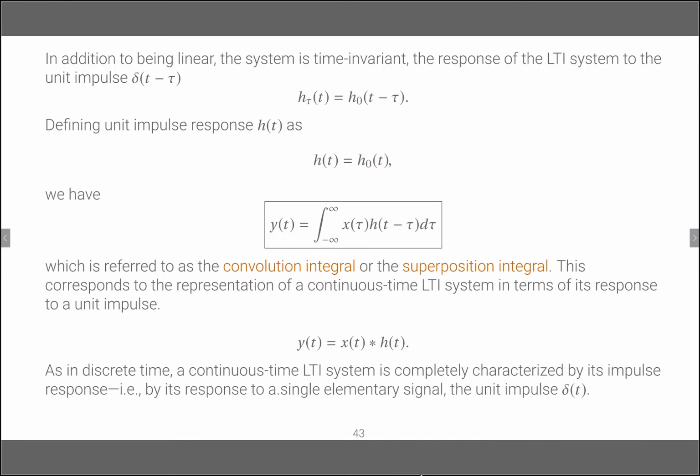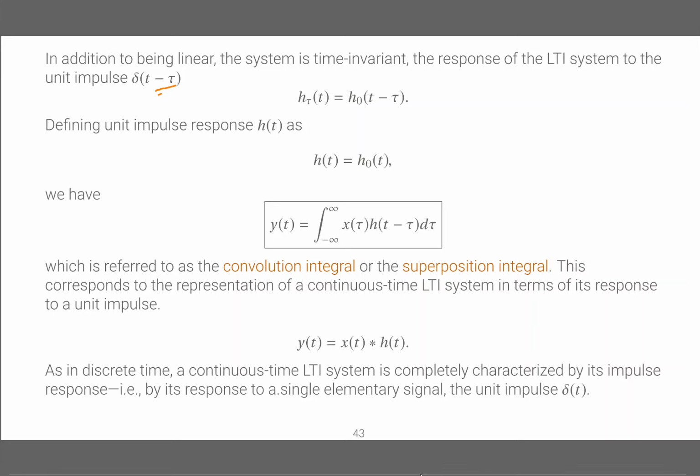Okay, so in addition to being linear, if the system is time invariant, the response of an LTI system to the unit impulse δ(t − τ) becomes, the shape does not change with τ, but it is just a time delayed version of the shape at τ equals 0, just time delayed by that. Since we are lazy, we will drop this 0 and call it h(t).